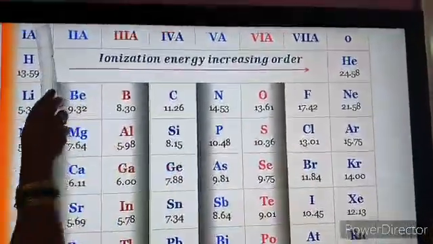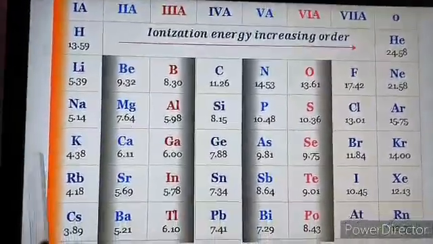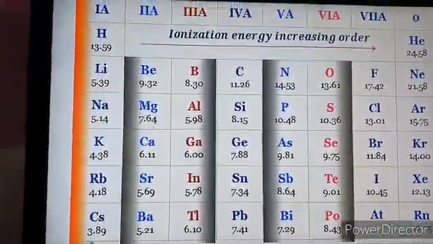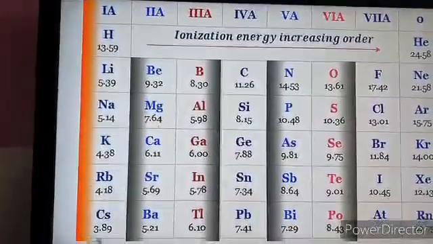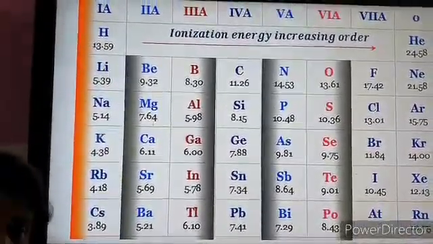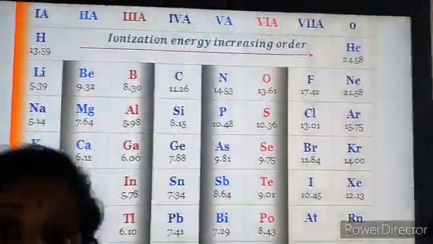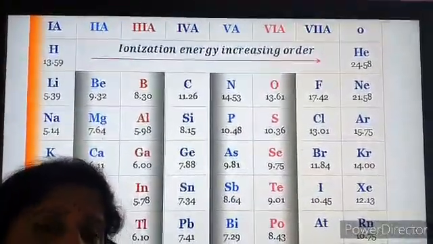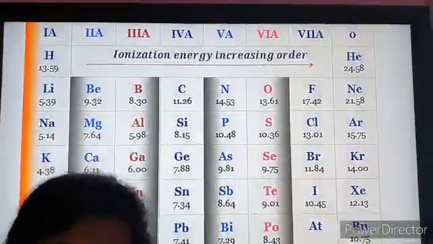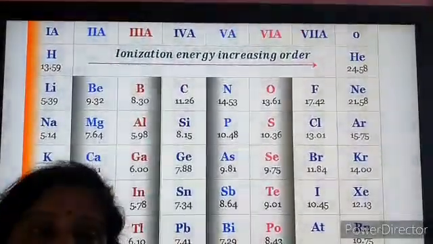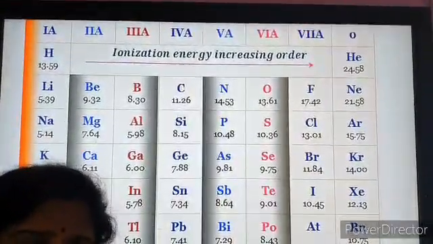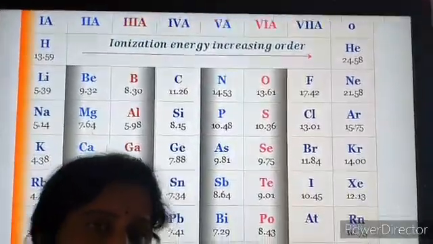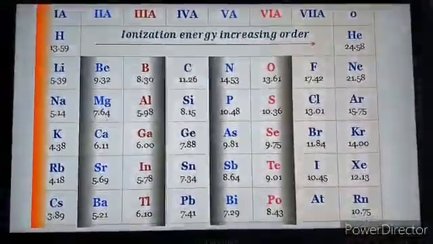And when you move from top to the bottom in any group, the ionization energy decreases. So this energy depends on several factors like nuclear charge, screening effect, penetrating power of the orbitals, electronic configuration and the atomic size as well as stable configuration. These are the factors which influence this property.